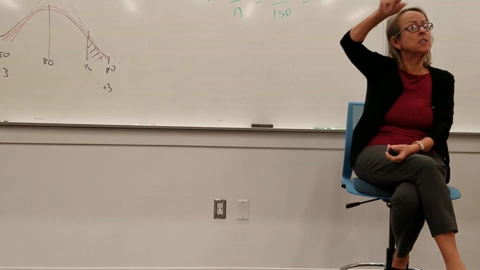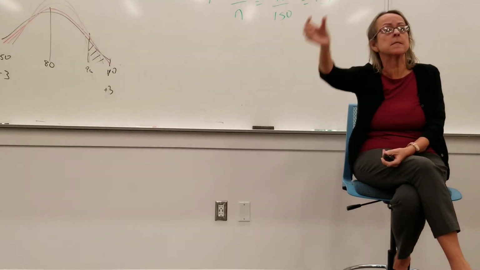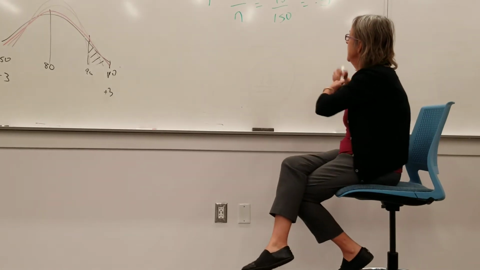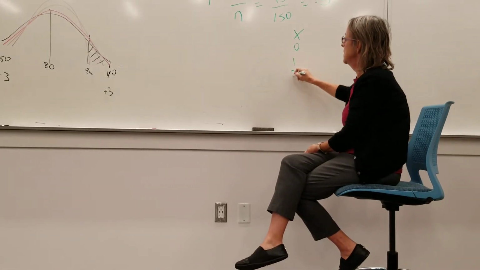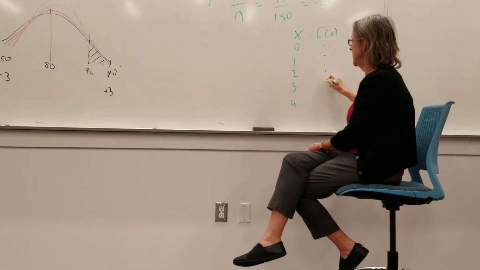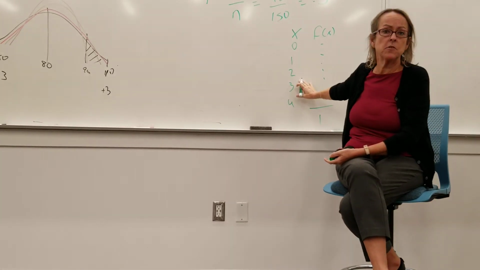Right? And when I asked you for a probability distribution, I said I want a list of all of the outcomes and their associated probabilities. We did like televisions. And they sold 0, 1, 2, 3, and 4. And then we had these probabilities and we listed them and they summed to 1. Remember that? That's a probability distribution for discrete.